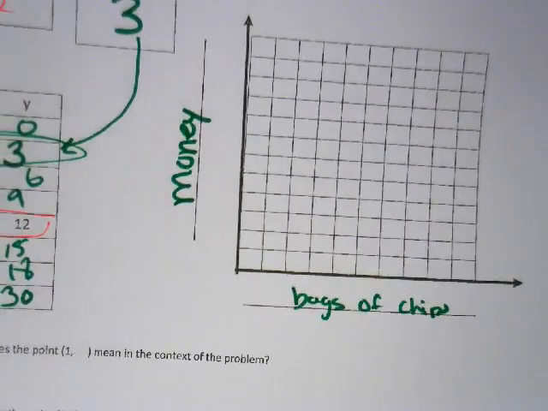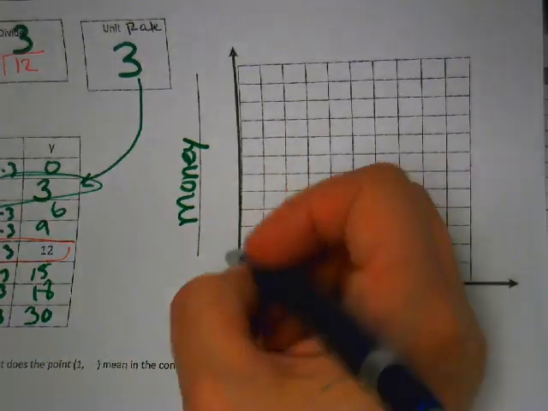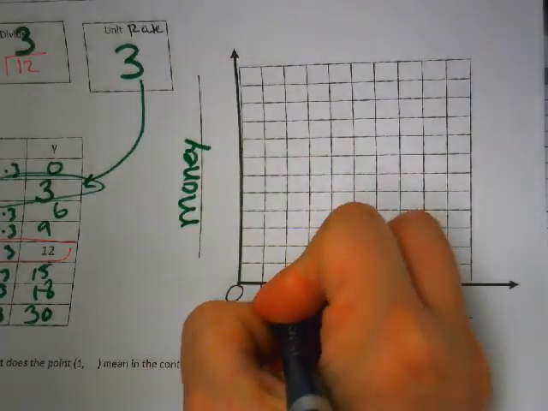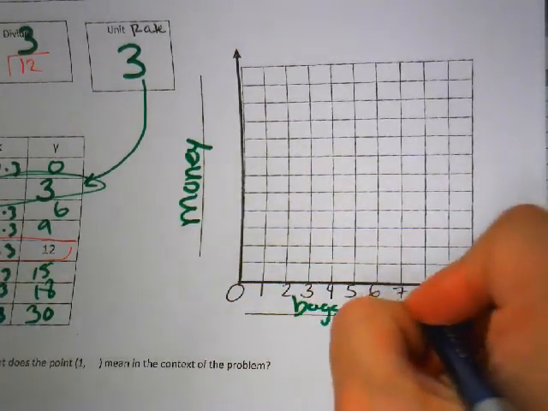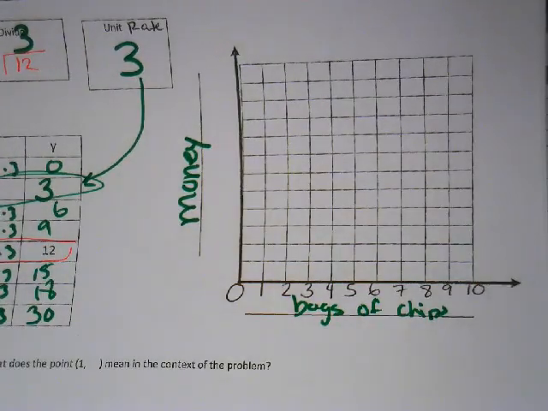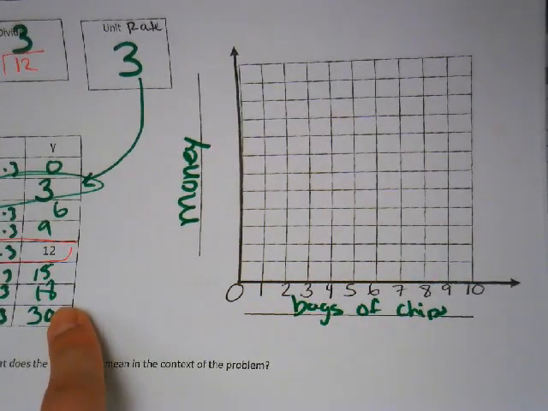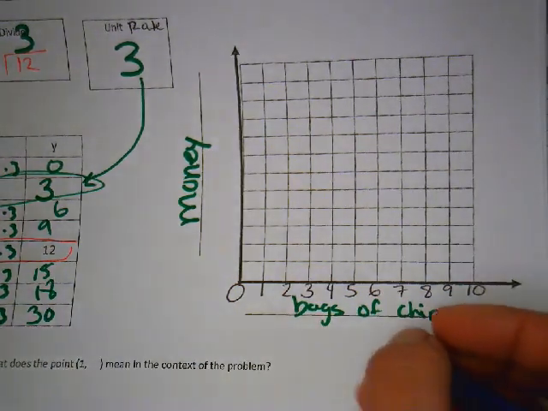What are we going up on our X by? 1. What are we going up on our Y's by? 3. Now don't go 18, 30. Don't write that down. Make sure you understand that we skipped, so you skip.